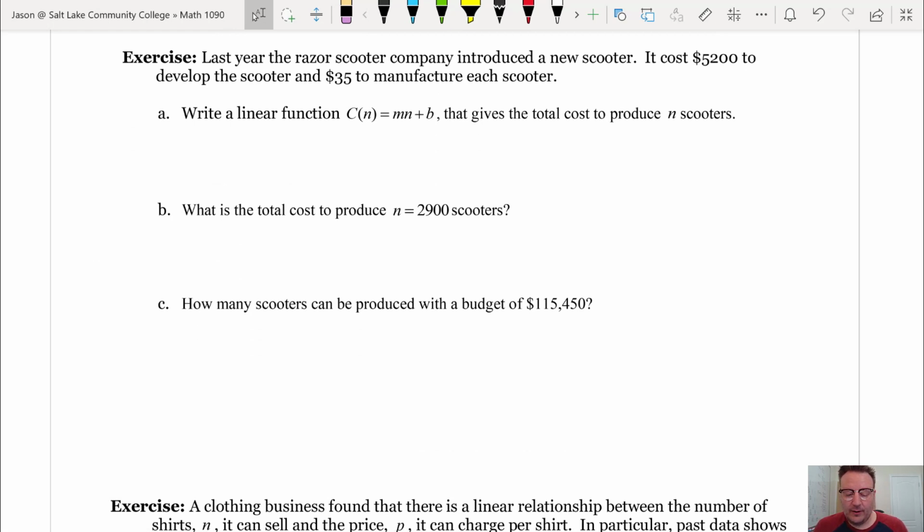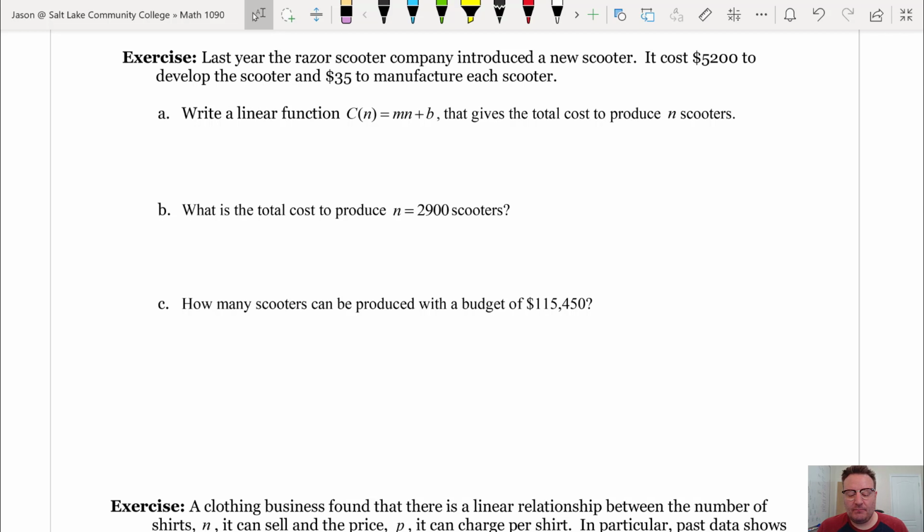Last year, the Razor Scooter Company introduced a new scooter. It cost $5,200 to develop the scooter and $35 to manufacture each scooter. Part A, write a linear function C of n is equal to mn plus b that gives the total cost to produce n scooters. Okay, so n is our independent variable, m is the slope, and b is the y-intercept.